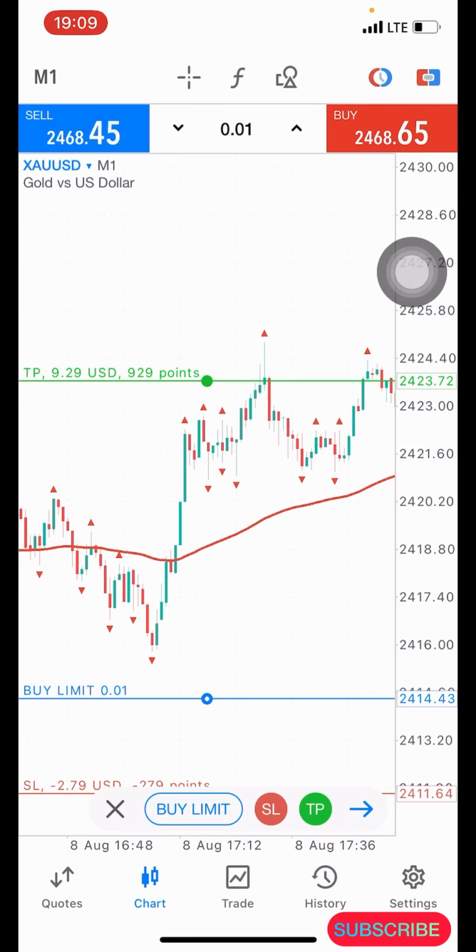As you can see, it's a trend continuation strategy that you can use to follow the trend of the market. What I want you guys to do now is make sure you backtest this strategy. Go test it out for yourself. Don't take my word for it. Take it and test it out for yourself.